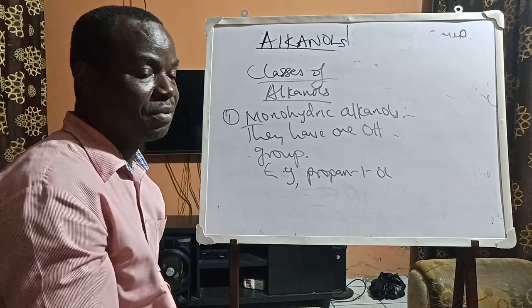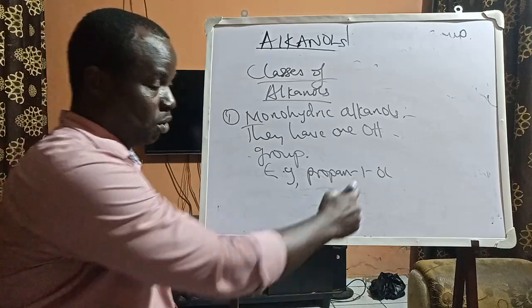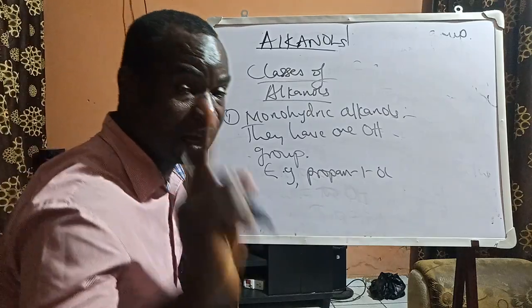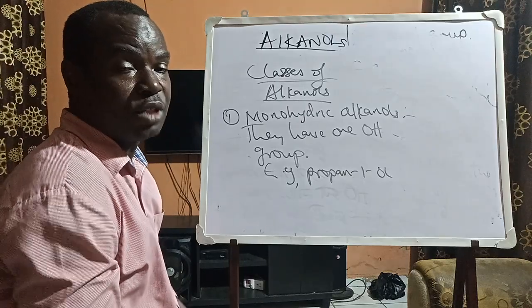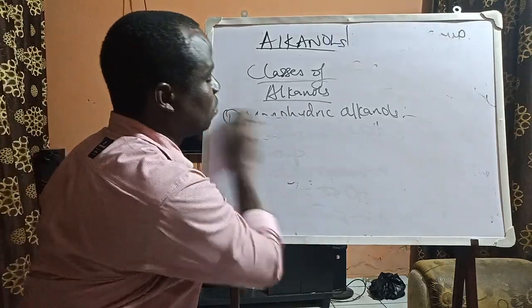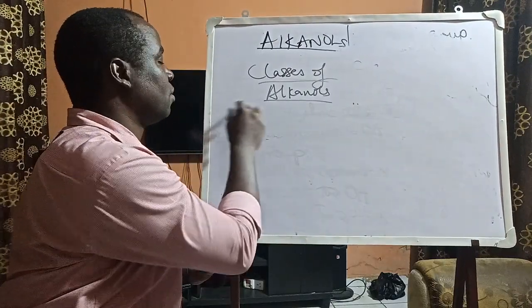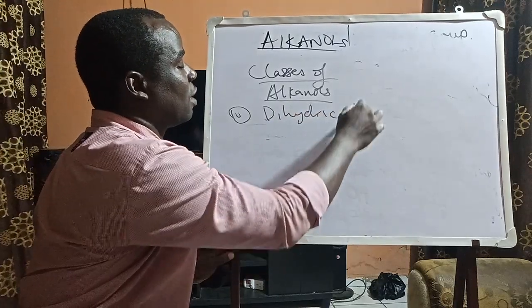Well, all of them are examples. So anything 1-ol is a monohydric alkanol. Mono means 1. Okay, so take note of that. Then we have dihydric alkanols.